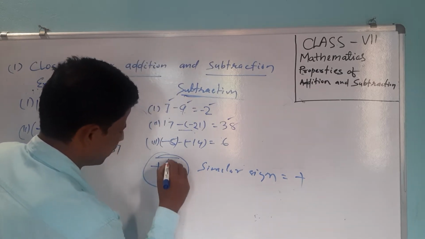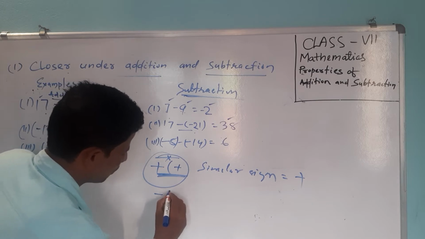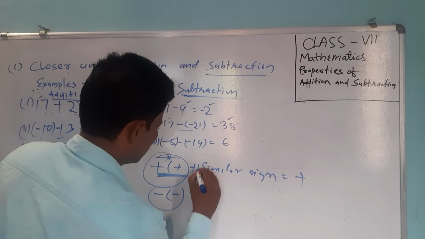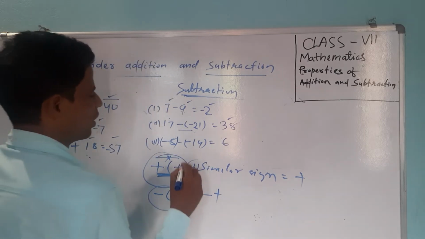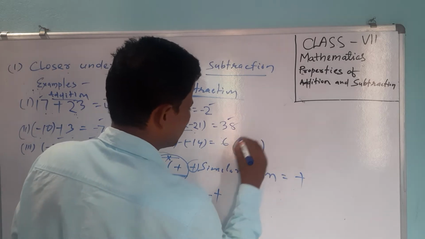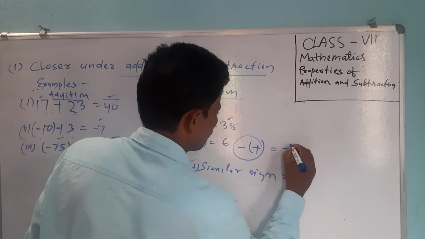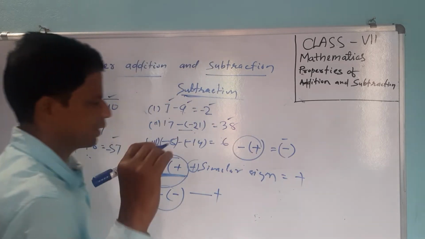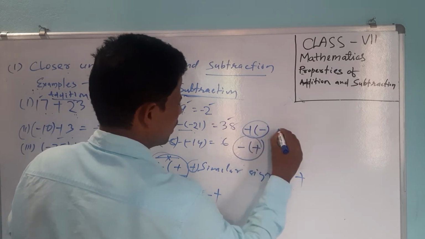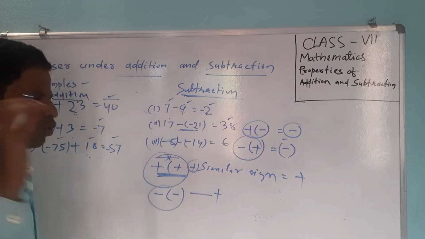If there is a bracket between two similar signs, such as minus bracket minus, it will also be plus. If the signs differ, suppose minus plus, with a bracket in between, then we have to subtract, or take a minus. Plus bracket minus is also minus, meaning this sign will be converted into plus.